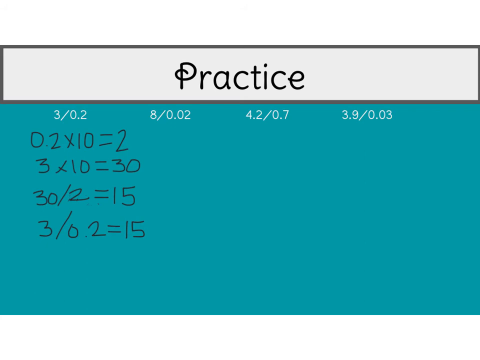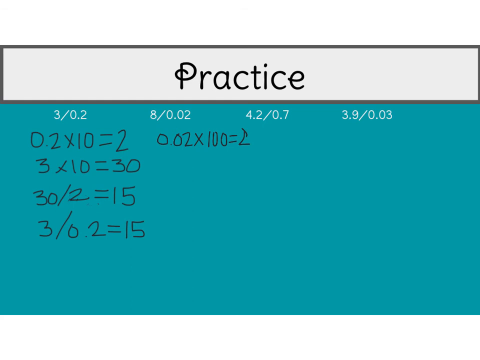So if I take my divisor of 0 and 2/100ths, and I multiply that by 100, that is going to give me a whole number of 2.